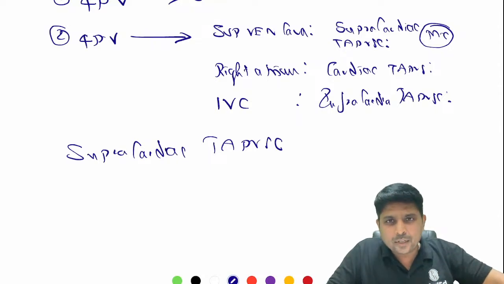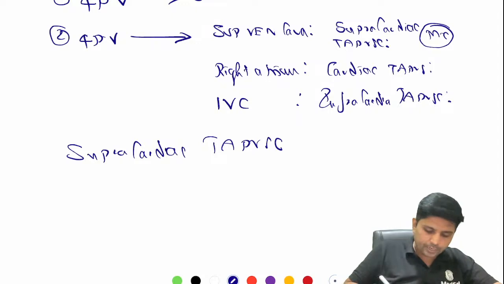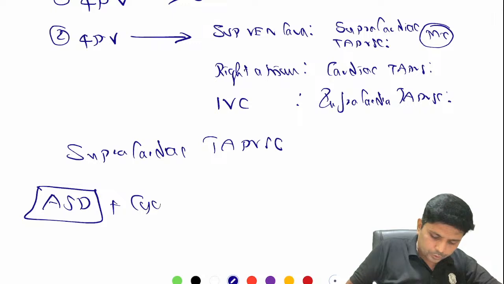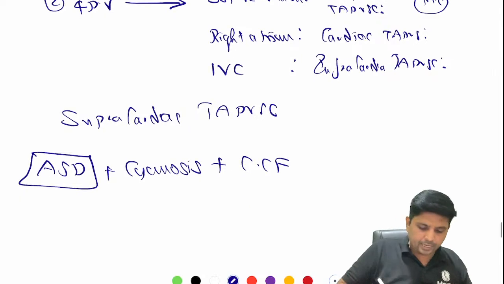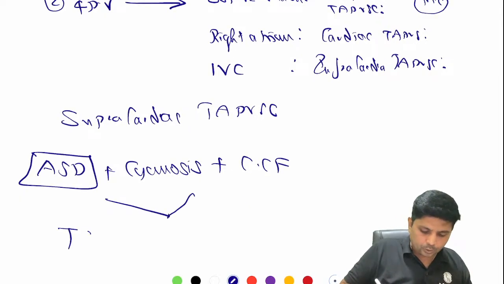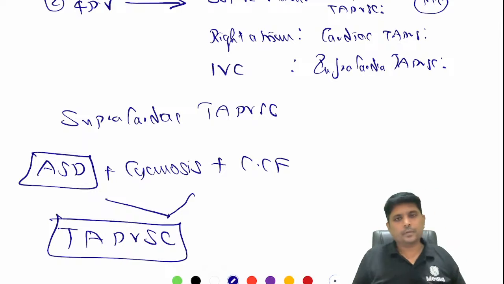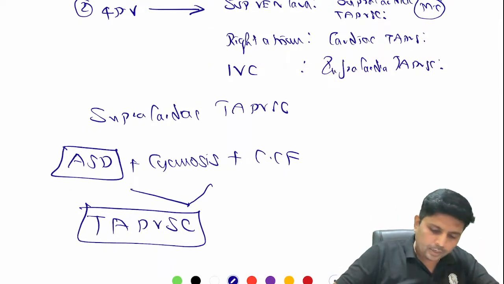But in ASD you won't get cyanosis or any CCF. So when you get findings of ASD plus cyanosis plus CCF, it means you are dealing with a case of total anomalous pulmonary venous connection.